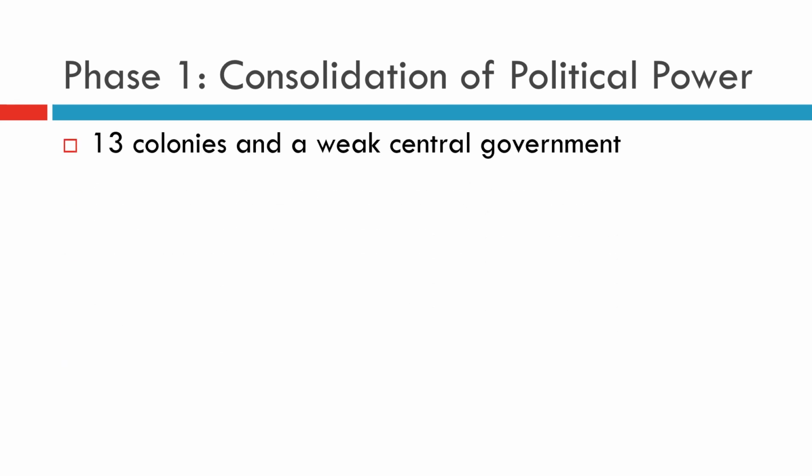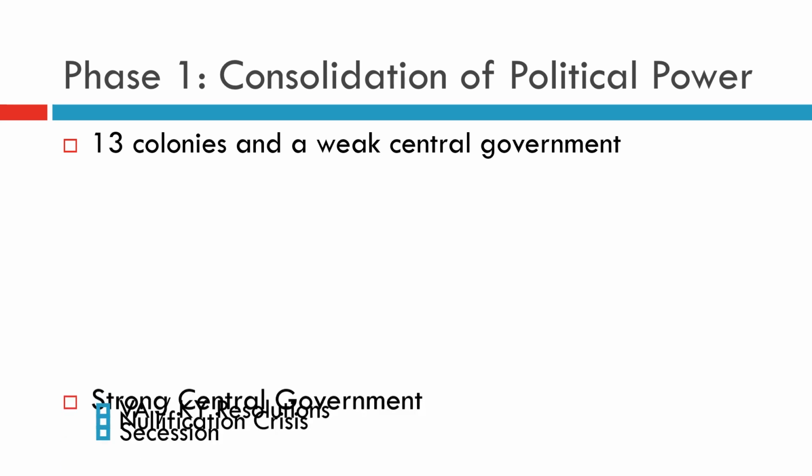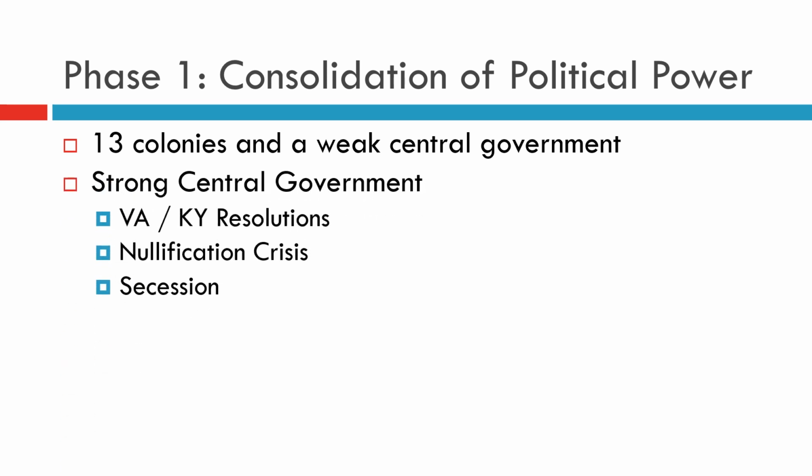So go back to the beginning of the school year, and we talked about 13 colonies that eventually did win their independence from Great Britain. They're then united with a weak central government, and so you have some political power moving towards the center. Obviously, I'm talking about the Articles of Confederation, and for a variety of reasons, that was scrapped altogether and the Constitution was created. And of course, it's a much stronger central government.